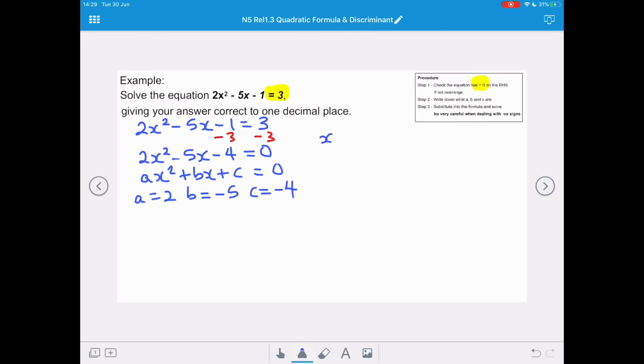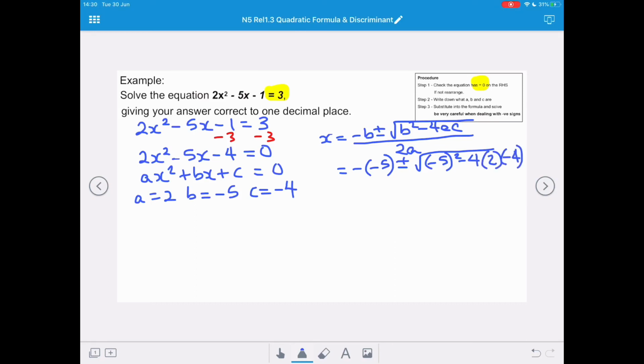So we need to write our quadratic formula. x is equal to -b plus or minus the square root of b squared minus 4ac, and that's all over 2a. And we need to substitute our values in, being careful of those negative signs. So it's -(-5) plus or minus the square root of (-5) all squared minus 4 times 2 times -4, and that's all over 2 multiplied by 2.